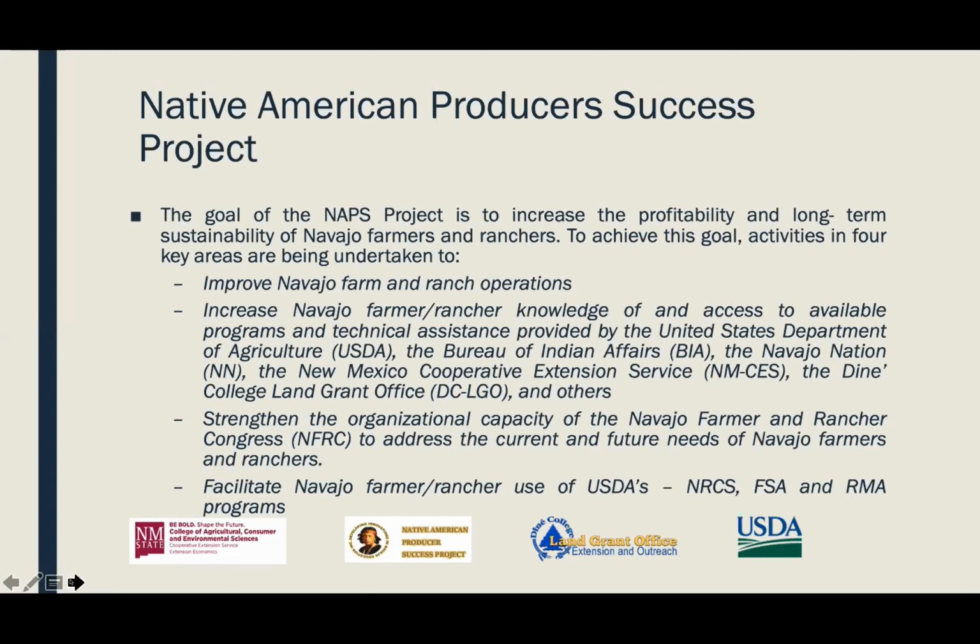We are also increasing our Navajo farmers and ranchers' knowledge of and access to available programs and technical assistance provided by USDA, BIA, Navajo Nation, New Mexico State University, Cooperative Extension Services, Dene College Land Grant Office, and other professionals.